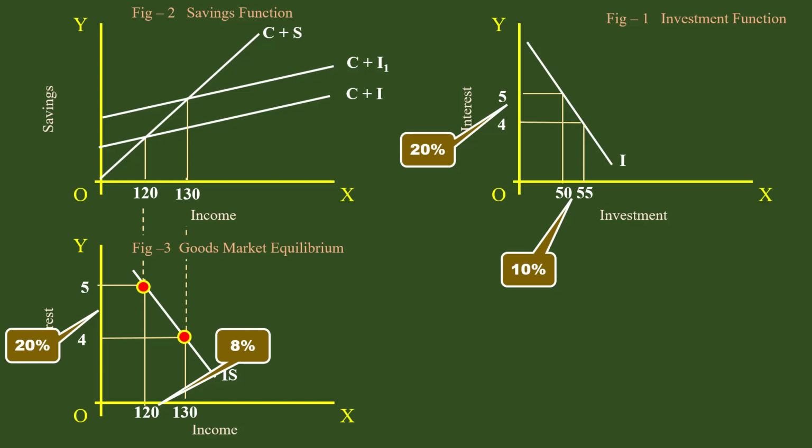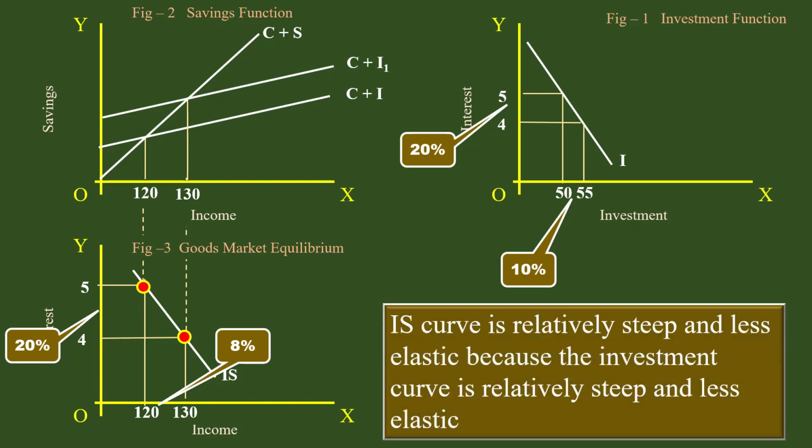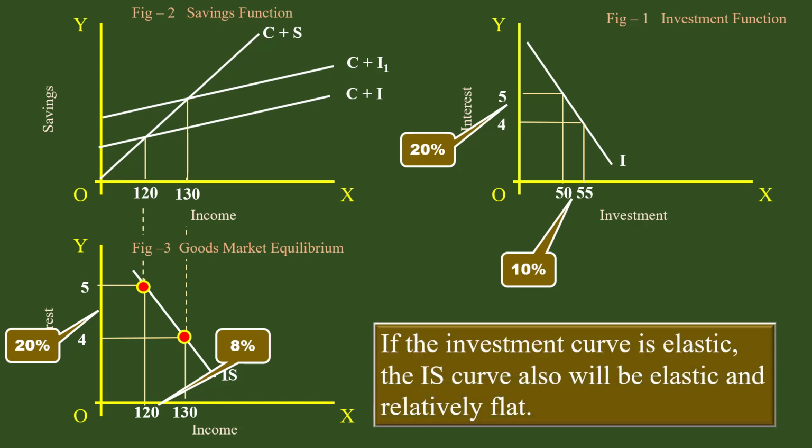Percentage fall in interest 20% is greater than percentage increase in income 8%. IS curve is relatively steep and less elastic, because the investment curve is relatively steep and less elastic. Okay. If investment curve is elastic, the IS curve also will be elastic and relatively flat.